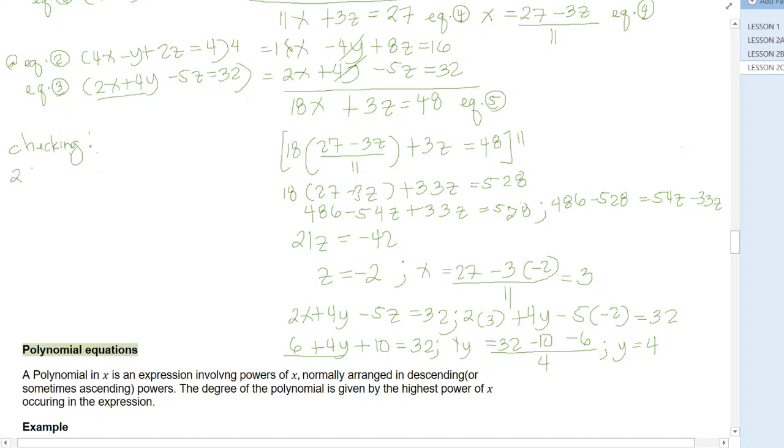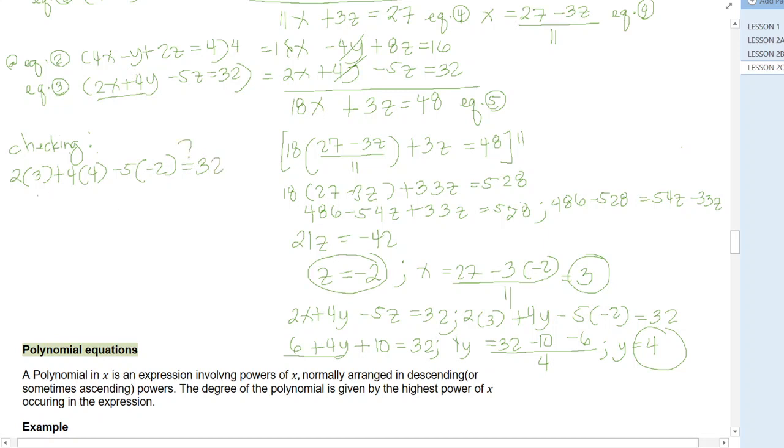That is 2 multiplied by x, which is 3, plus 4 multiplied by y, which is 4, and then minus 5 times your z there, which is negative 2, is equal to 32? So that is a question mark.